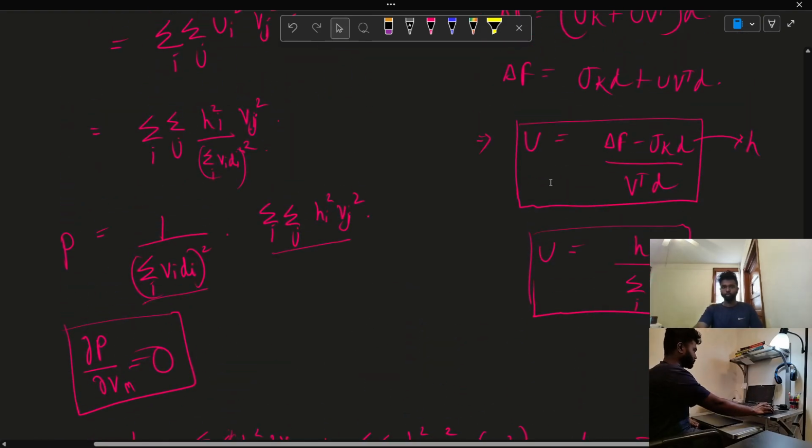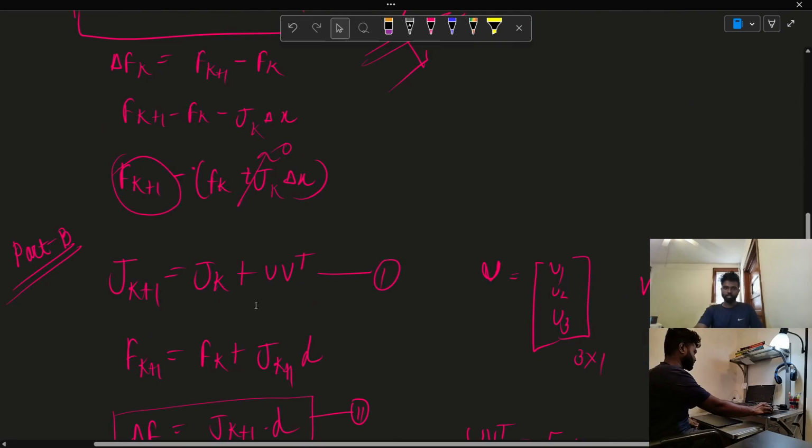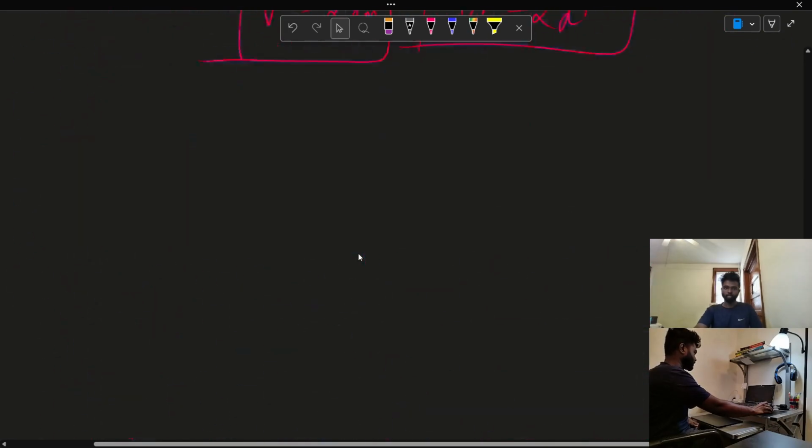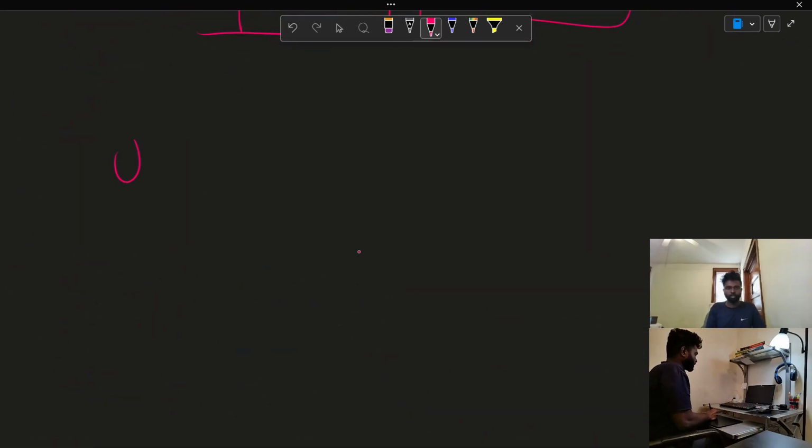Let's put both values in equation number 1 and see what we get. Equation 1 is J_{k+1} equal to J_k plus u v transpose.